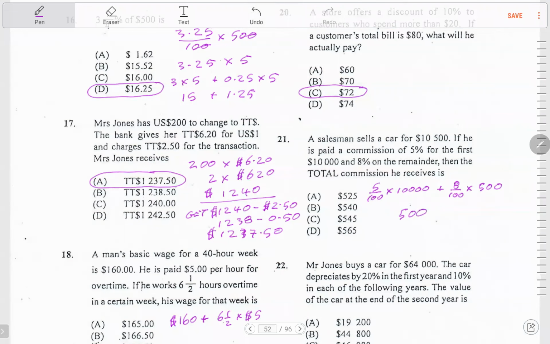If we cancel the zeros, 5 times 100 is 500, and then plus, cancel these, 8 times 5 is 40. So it's 500 plus 40, a total of $540. That's it, $540 is the commission.